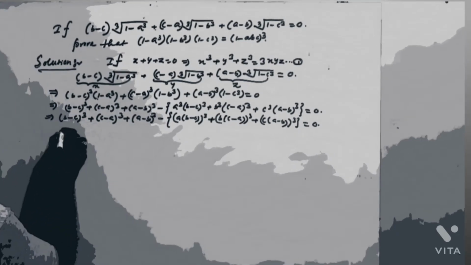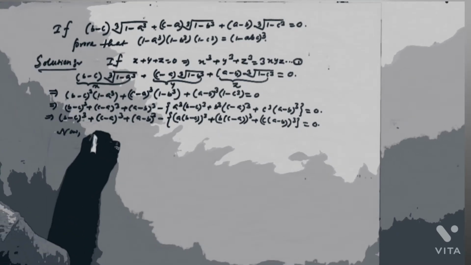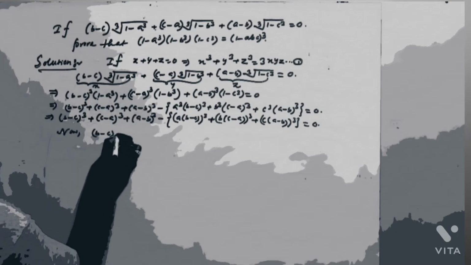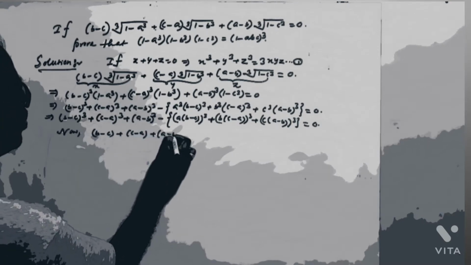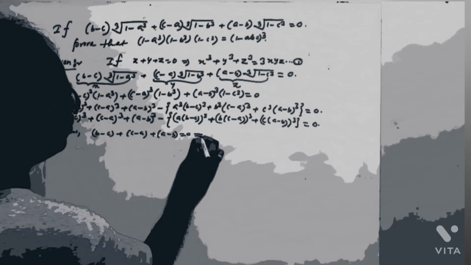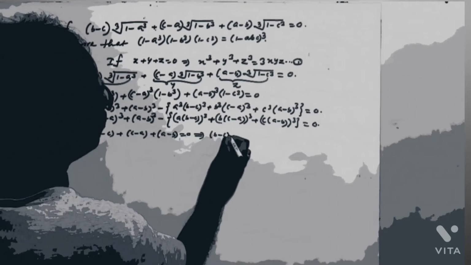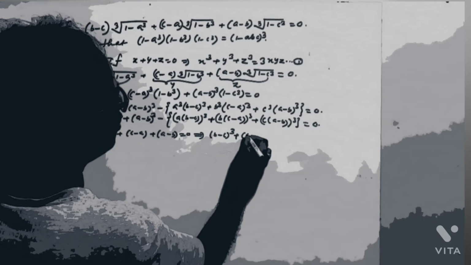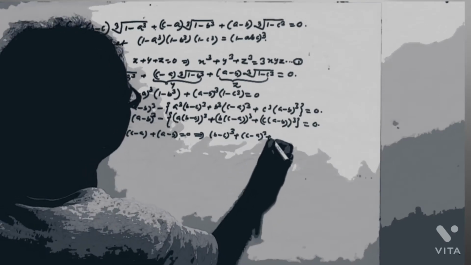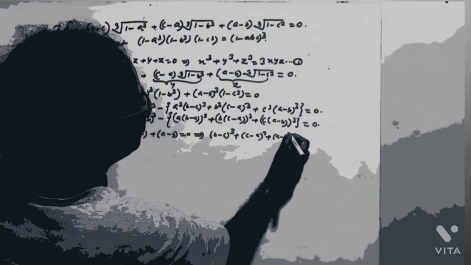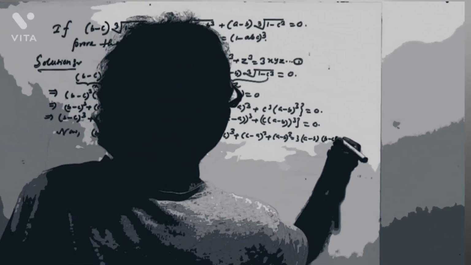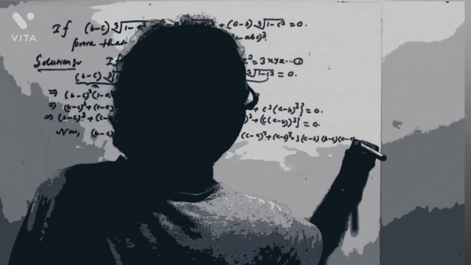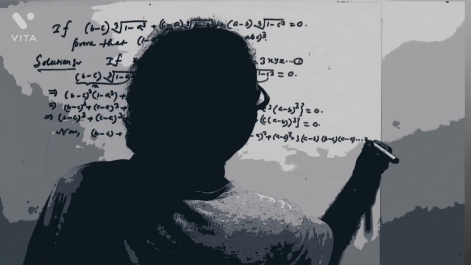Okay, now (b minus c) plus (c minus a) plus (a minus b) equals 0. So it implies that (b minus c) whole cube, (c minus a) whole cube and (a minus b) whole cube equals 3 times (a minus b)(b minus c)(c minus a). This is equation 2.